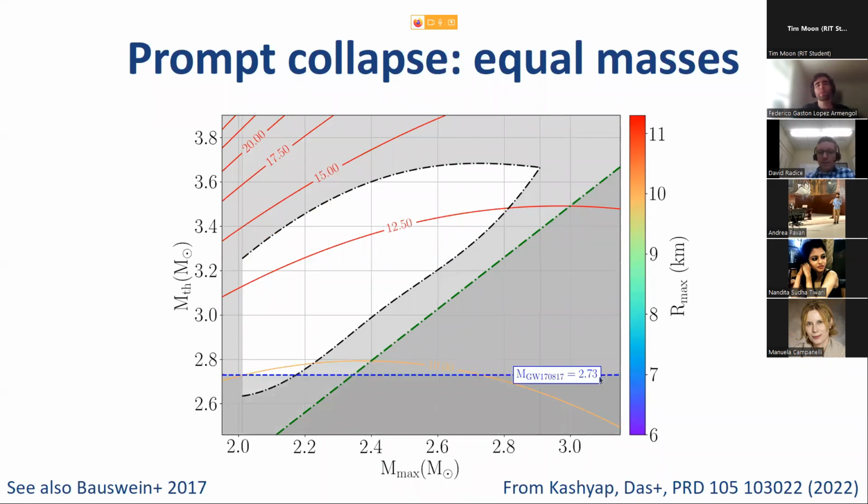Finally, from GW170817, we know that the threshold mass cannot be smaller than 2.73 solar masses, because this binary had a bright electromagnetic counterpart, and so we can confidently say that this was not a prompt collapse. So this region here is also excluded. And now what we can do is we can plot the curves corresponding to the radii that pass through the allowed region. And this gives us a constraint on the radius of the maximum mass neutron star. Now we know it to be between 9.82 and about 14 kilometers.